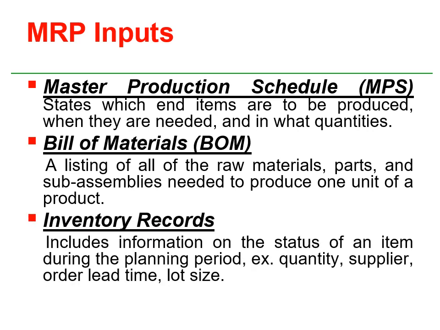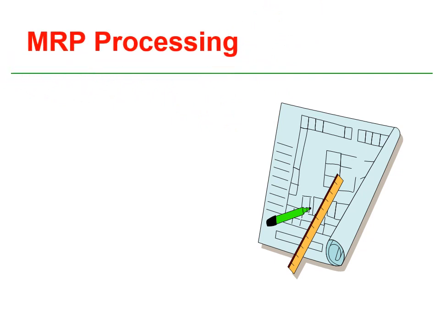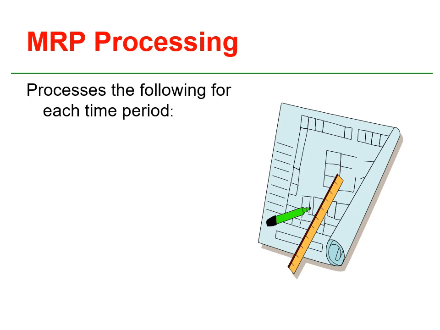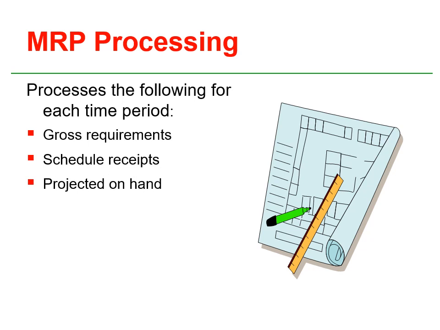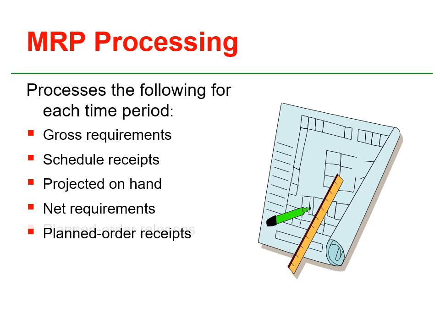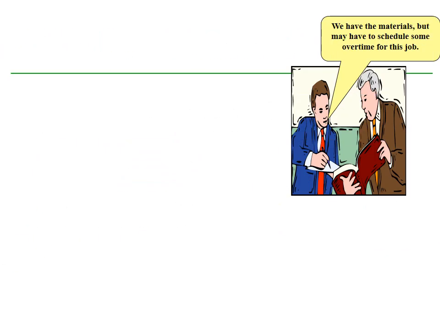Inventory records include information on the status of items during the planning period, for example, quantity, supplier, order lead time, and lot size. Material requirement planning processing includes the following for each time period: gross requirements, scheduled receipts, projected on hand, net requirements, planned order receipts, planned order release.